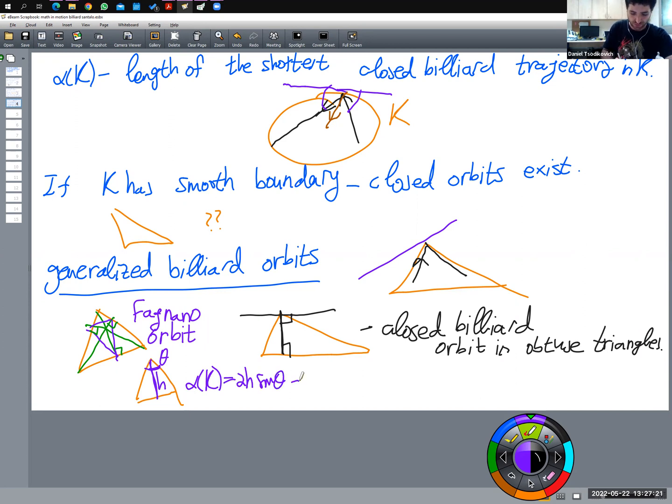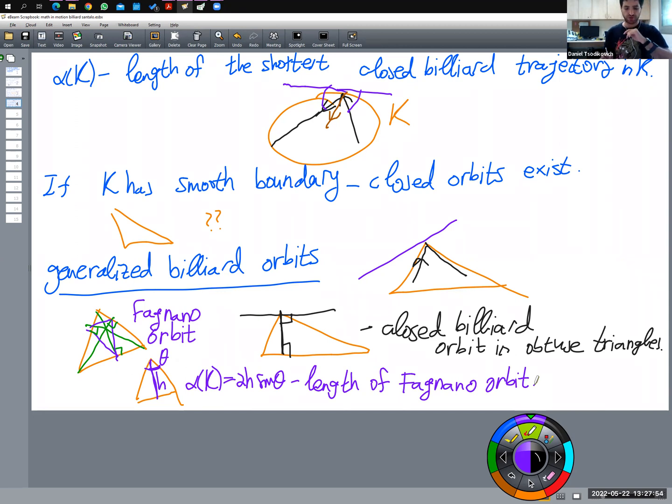This is the length of a Fagnano orbit. Oh, and by the way, in a triangle, this is the only closed free trajectory. There can be longer closed trajectories, but this is the only free trajectory of length free. So this is alpha of a triangle.